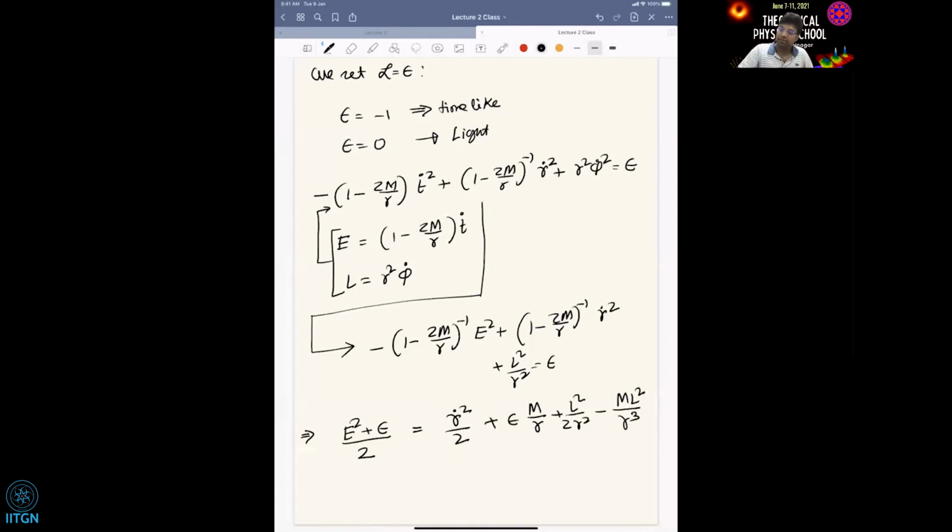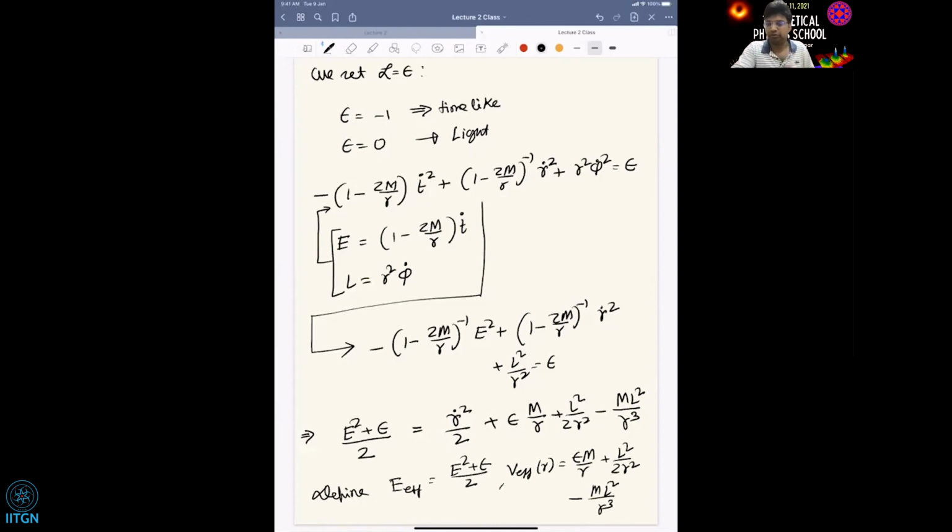Now let us define things, just a definition. E effective we denote by (E square plus epsilon) by 2, and we call V effective of r as epsilon m by r plus L square by 2r square minus mL square by r cube.